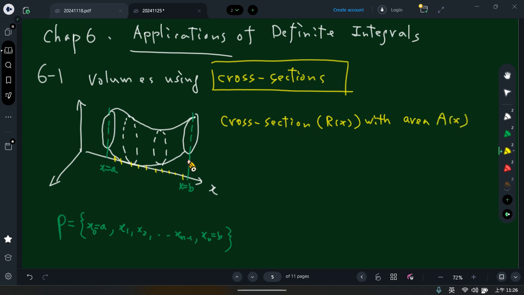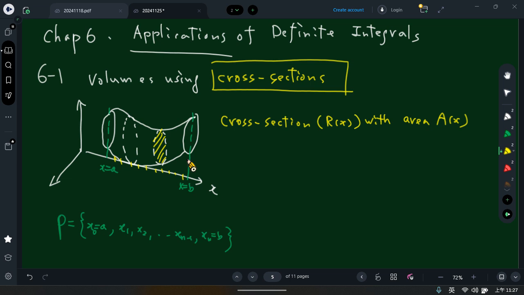Cross section means, for example, if this is a cross section R(x), because you can see, if we use a plane to cut the volume, we always can get a cross section. If we call it R of x, that means for different x, the cutting result is different, right?